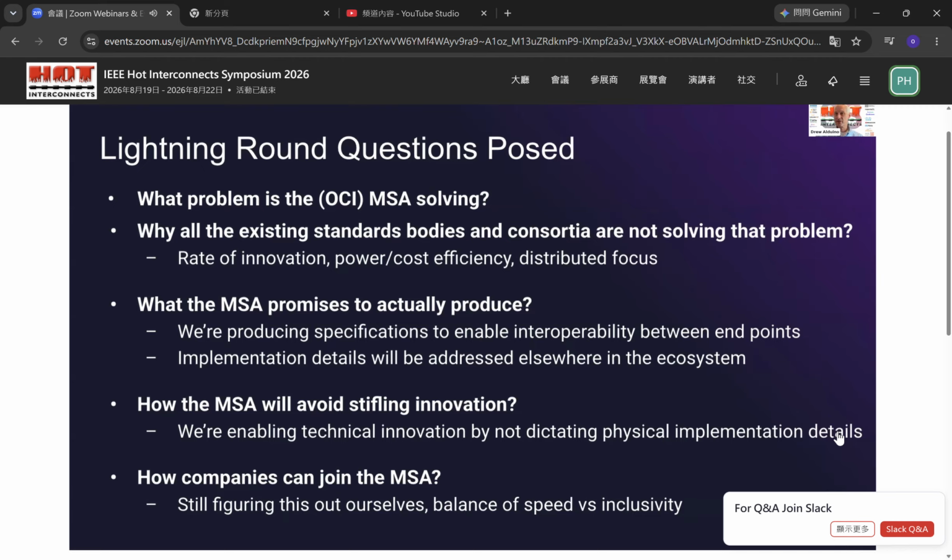Additionally, there's a distributed focus. There are a lot of things that they're trying to do with the IEEE and the OIF, and spreading ourselves pretty thin there and trying to balance all these things became pretty challenging. Our MSA, the OCI MSA, is not going to produce anything physical. We're producing a specification to enable this interoperation.